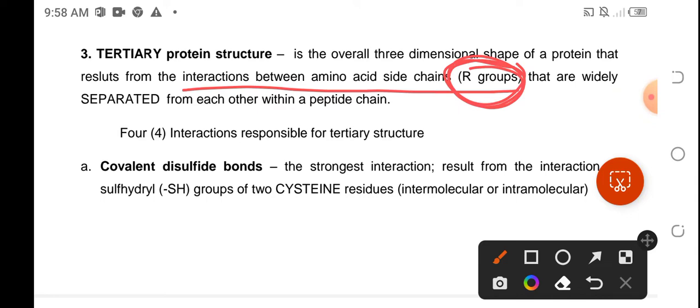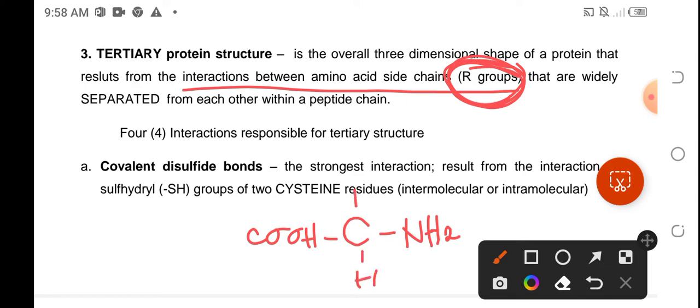Kasi nga, parehas naman silang merong, okay, i-recap natin kung ano ba yung R group. For an amino acid, it has the alpha carbon atom, palagi siyang merong amino group, tapos meron din siyang carboxyl group, the COOH, and then meron din siyang hydrogen, and ang nagbabago lang sa kanya ay yung R group or that is the side chain.